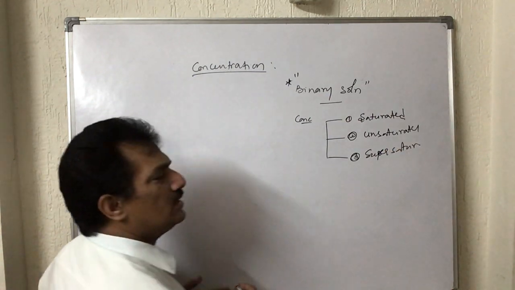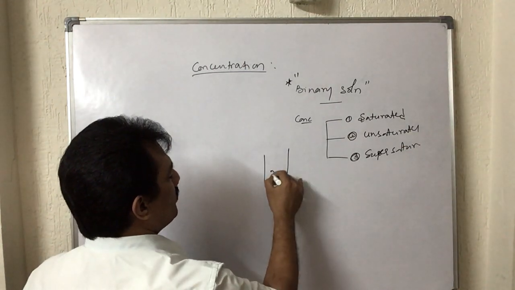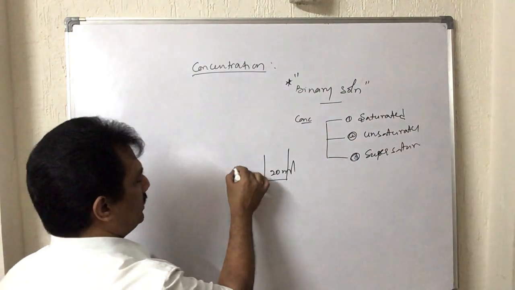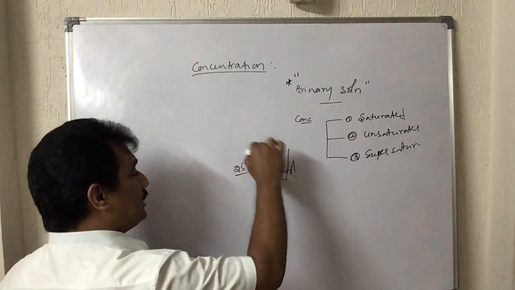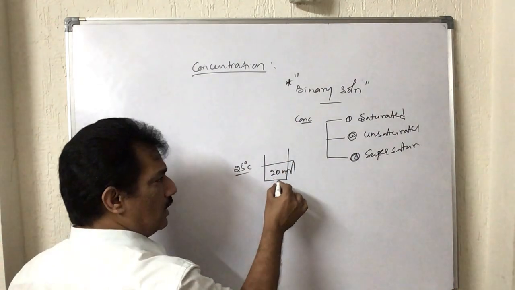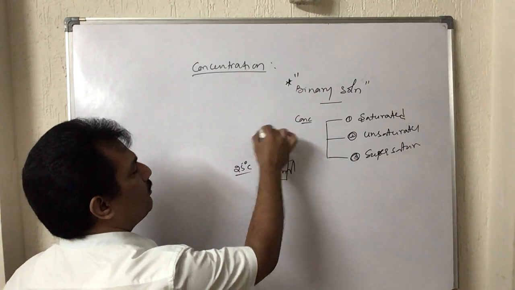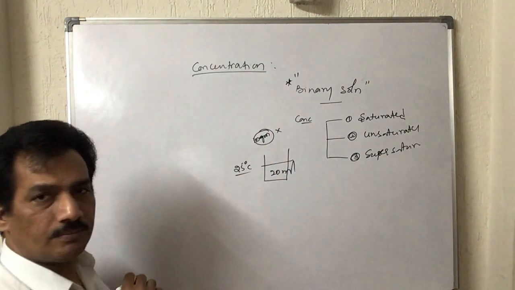Saturated: say, for example, we are considering 20 ml of water at a given temperature, that is, at 25 degrees centigrade room temperature, and the maximum dissolvable substance in this is, say, 10 grams. Let's assume that 10 grams of any substance X is able to dissolve at 25 degrees.